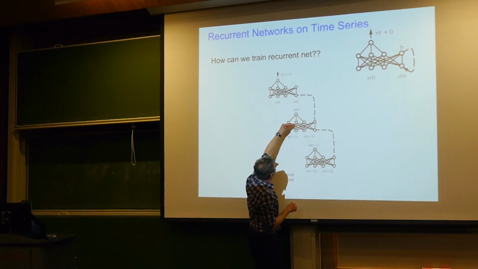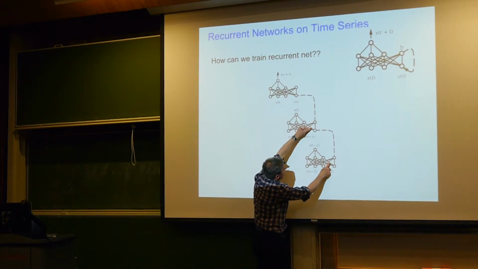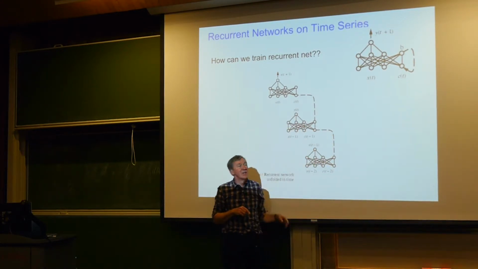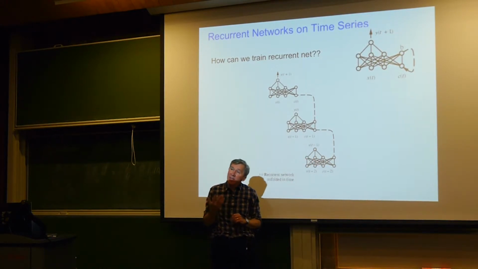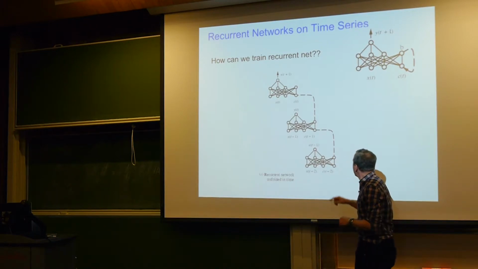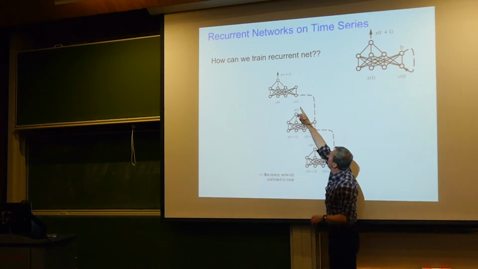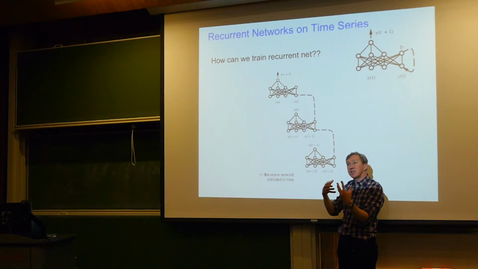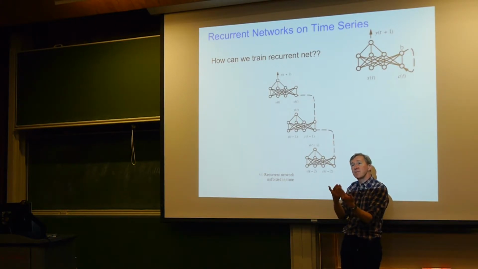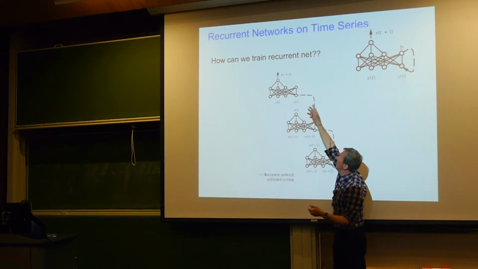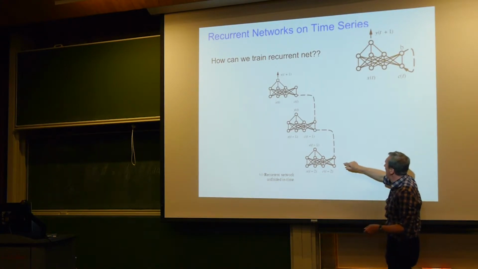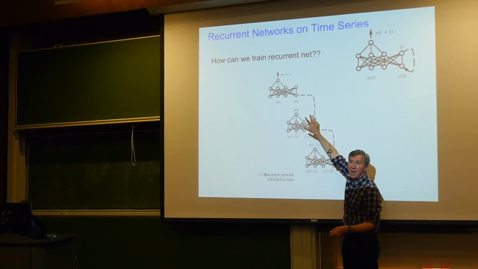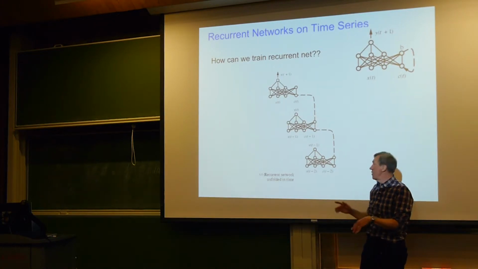And similarly, I want this and this to be the same weight in the final network. So I can unwind it, but as I'm doing the stochastic gradient descent, on each step, when I make an update to these different weights, I force them to share the same weight. So I'll update these, and they might get different updates in this unfolded network. But in the end, since I want them to be one thing, I take the mean of their values after the updates, and I assign each of them the same average of their updates.